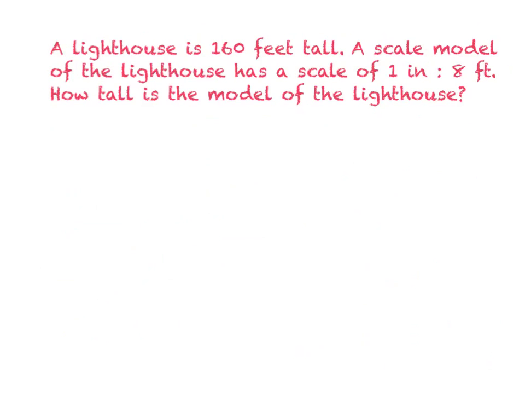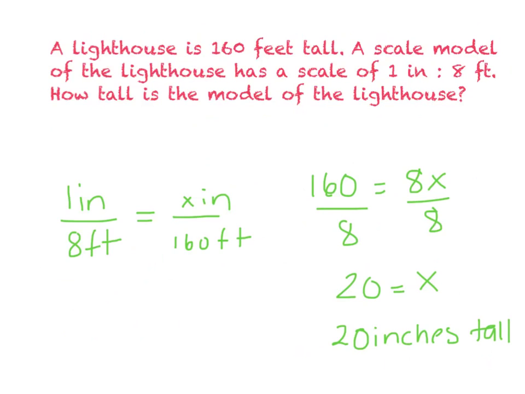Okay, let's look at another example. A lighthouse is 160 feet tall. A scale model of the lighthouse has a scale of 1 inch to 8 feet. How tall is the model of the lighthouse? So first we're going to write our scale, which is 1 inch to 8 feet, and then fill in the information we're given and what we need to solve.